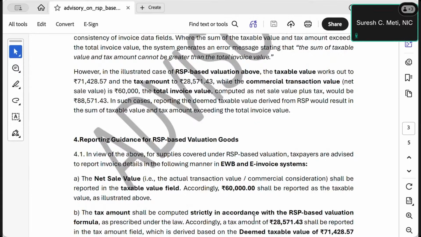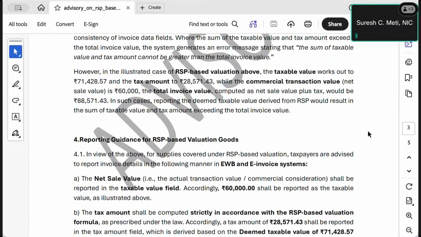So in case of the e-invoice system, the validations are in place at the item level. So as and when the items are added to the invoice in the e-invoice system, the total item value is the sum of the item taxable value plus the item tax amount. So this validation was in place, and we have relaxed it now.